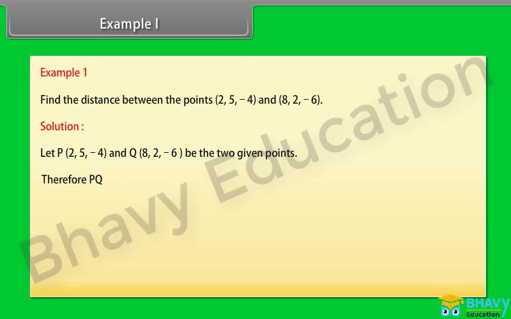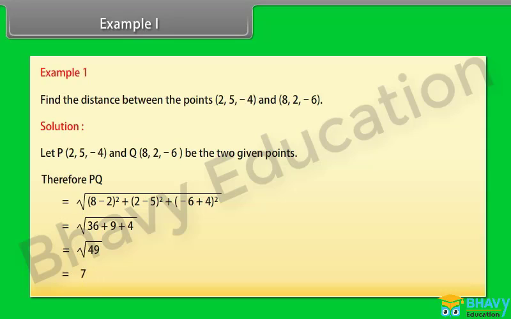Therefore, PQ is equal to the square root of (8 - 2)² + (2 - 5)² + (-6 + 4)², which is equal to the square root of 36 + 9 + 4, which is the square root of 49, which is equal to 7.